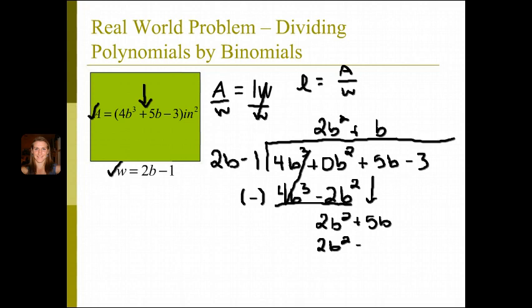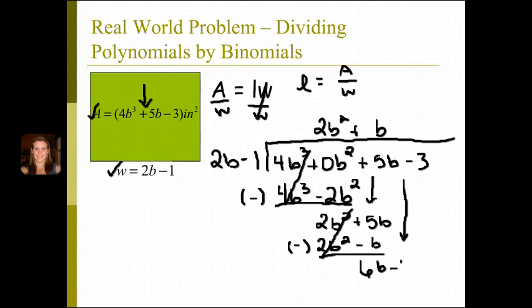So we're going to subtract again. My 2b squareds cancel. 5 minus negative 1b is the same thing as saying 5 plus 1. So we have 6b. Bring down my negative 3.